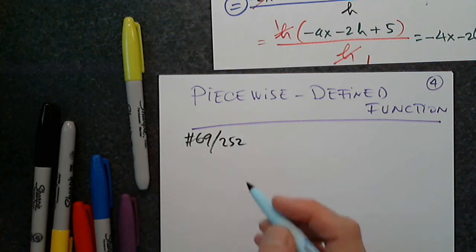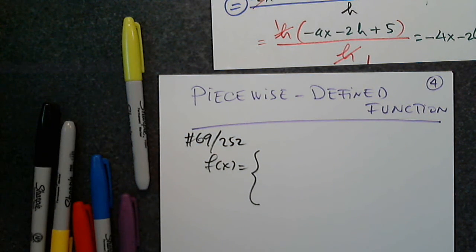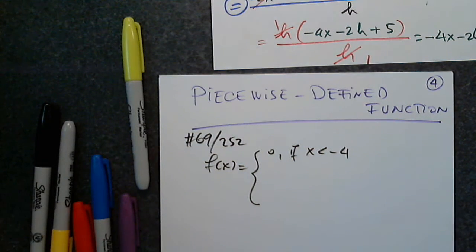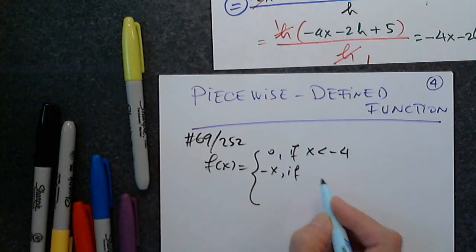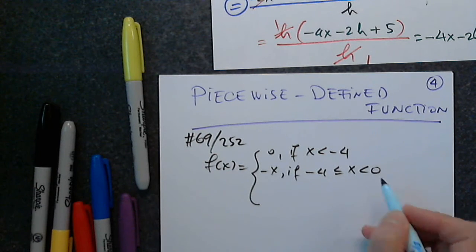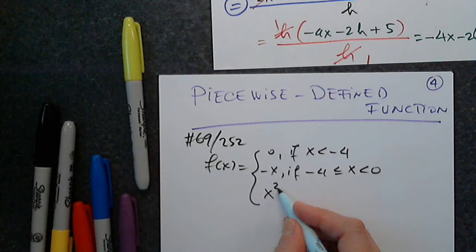And f of x equals 0 if x is less than negative 4, negative x if x is between negative 4 and 0, and x squared if x is greater than or equal to 0.